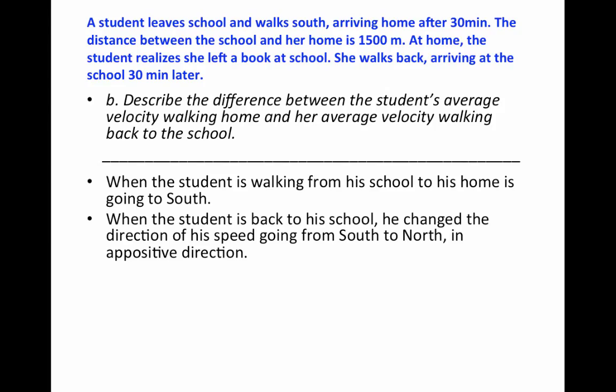When the student is walking from school to home, she is going south. When the student goes back to school, she changed the direction of her velocity, going from south to north, in the opposite direction.